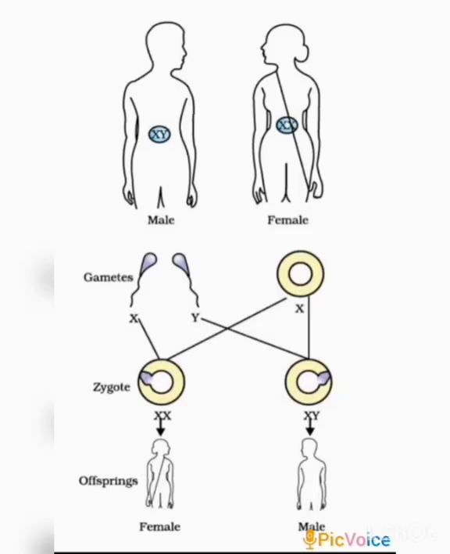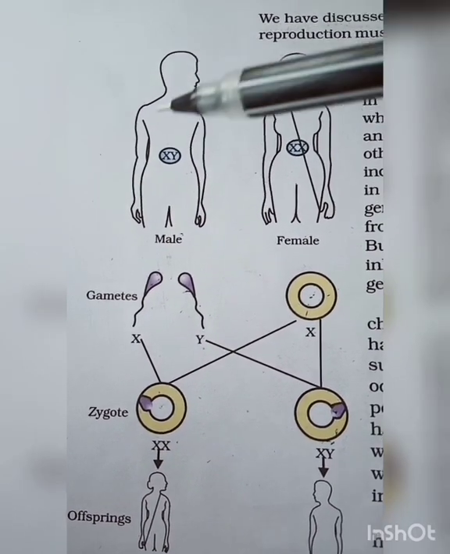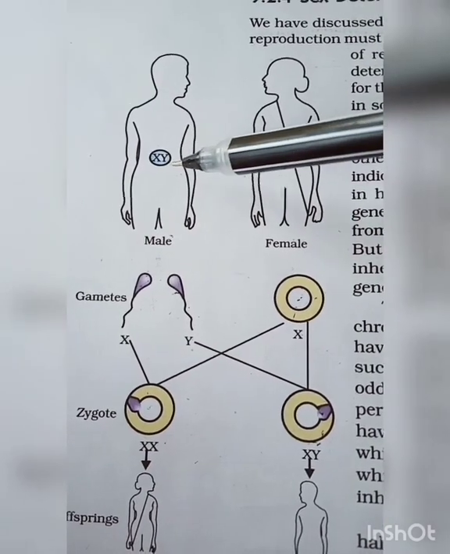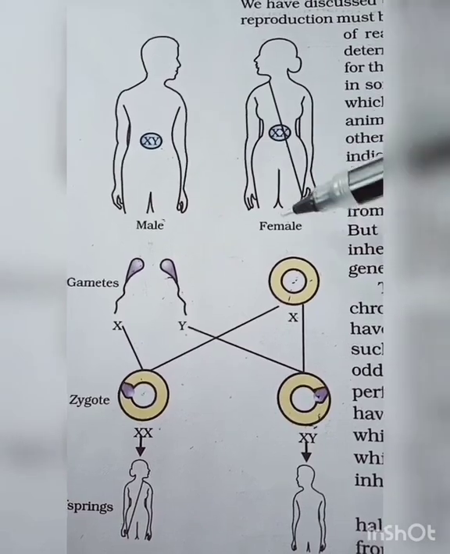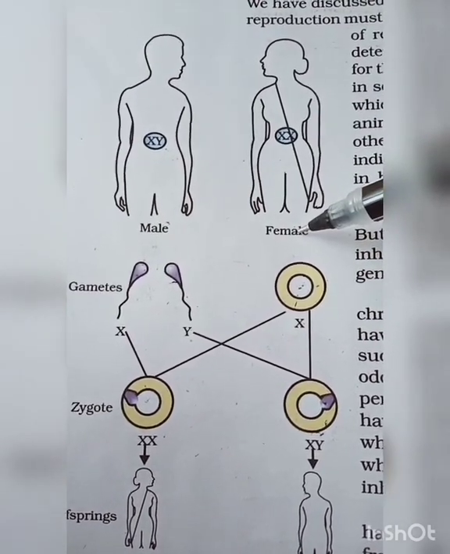In human beings, the sex of the individual is largely genetically determined. In other words, the genes inherited from our parents decide whether we will be boys or girls. In the case of human beings, XY is the male chromosome and XX is the female chromosome.